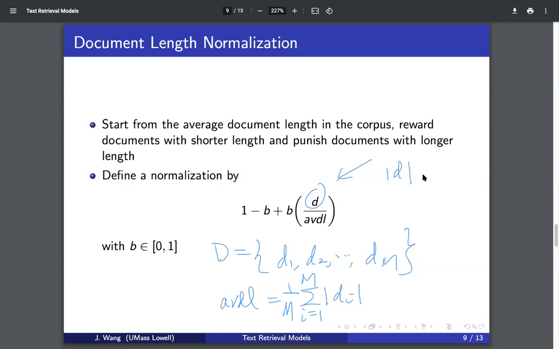We use a parameter B. B is from 0 to 1, and we are going to use this in the denominator at the bottom.